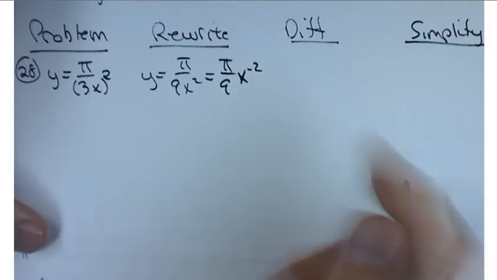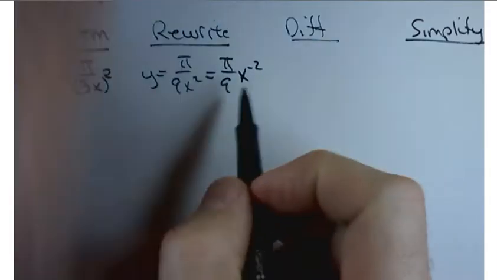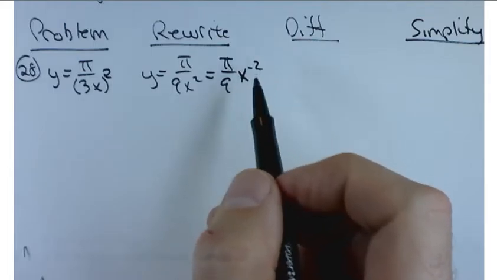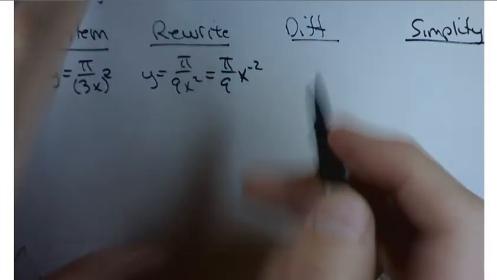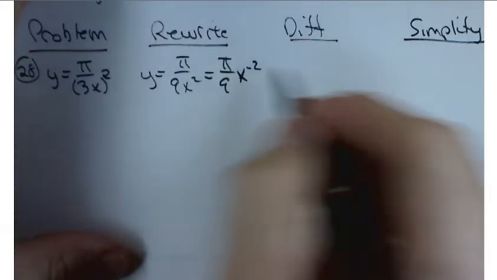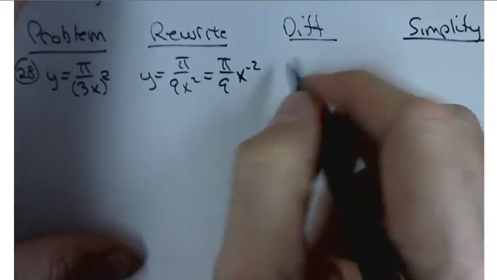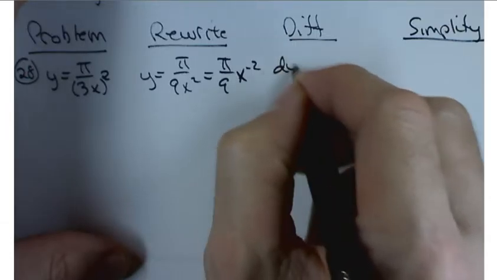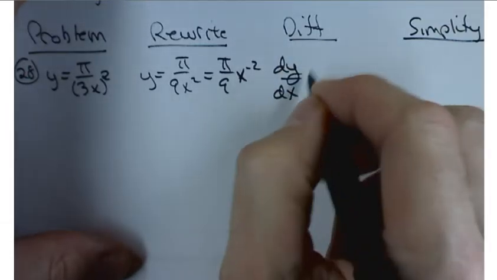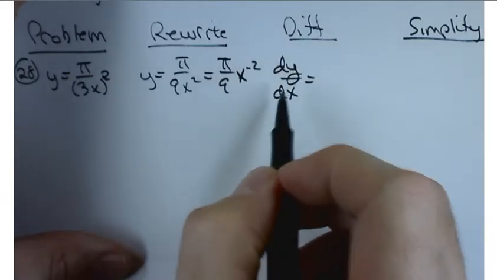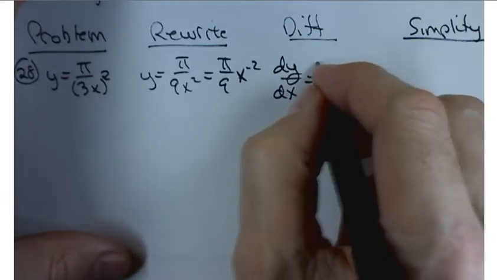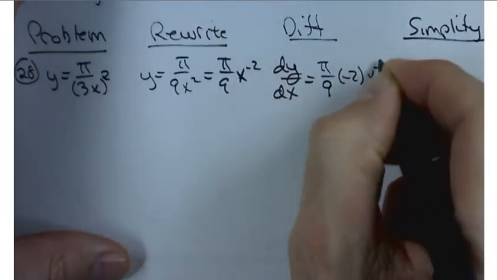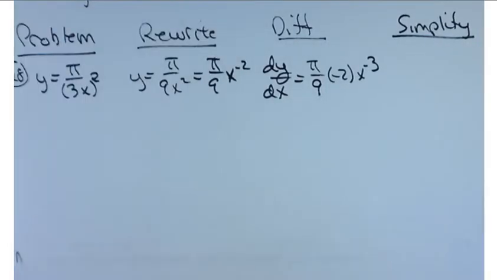Okay. Why did I do that? Well, now I've got a constant times some power of x. And I can differentiate that. So y prime or dy dx. Here's some more notation for you. dy by dx, the derivative of y with respect to x, is going to be pi over 9 times negative 2 times x to the negative third power.